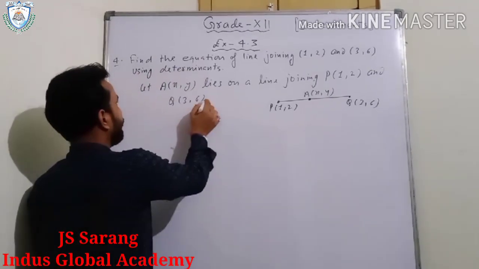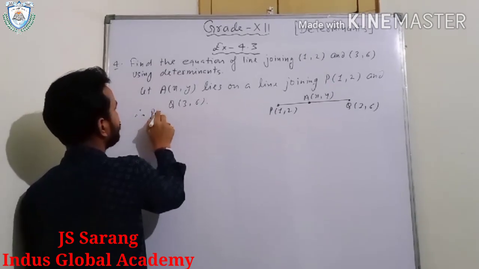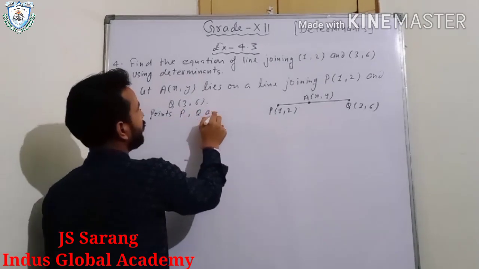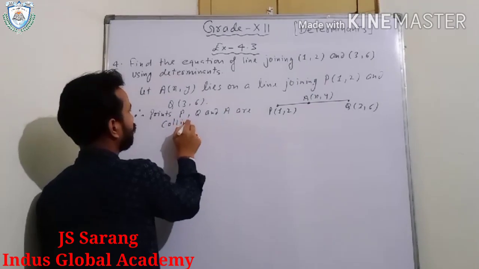So you have to write, hence points P, Q and A are collinear.